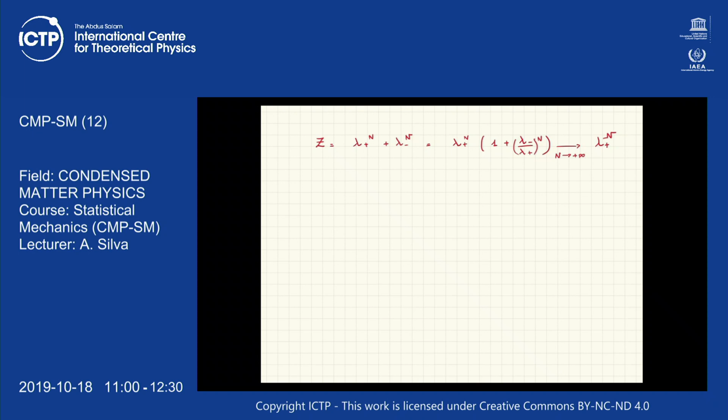Anyway, so this is the solution, and in particular it is the solution for h not equal to 0. So one thing that you can do with this partition function that we just found is compute the magnetization, df, dh.